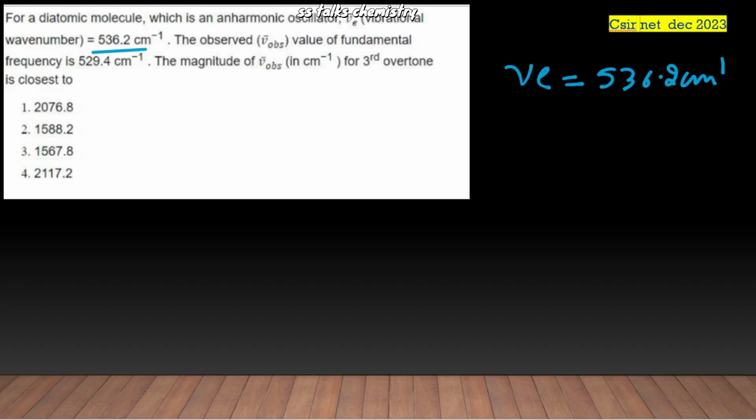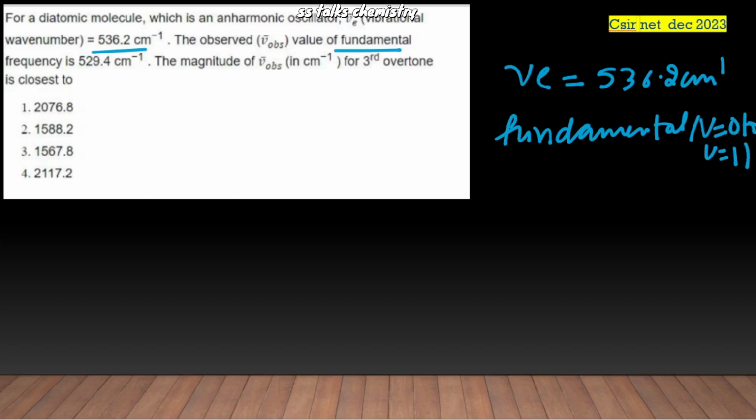The observed value of the fundamental frequency, that means fundamental is the 0 to 1 transition, to nu equal to 1. We got the gap which is omega_e minus 2 omega_e x_e. Now the magnitude of its third overtone is being asked.